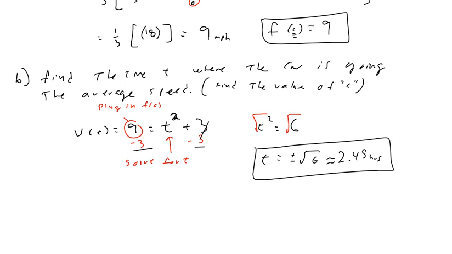So that's how we find the average value, and you can use that to find the c value by setting the function equal to that value and solving the equation. Okay? Questions about this process?